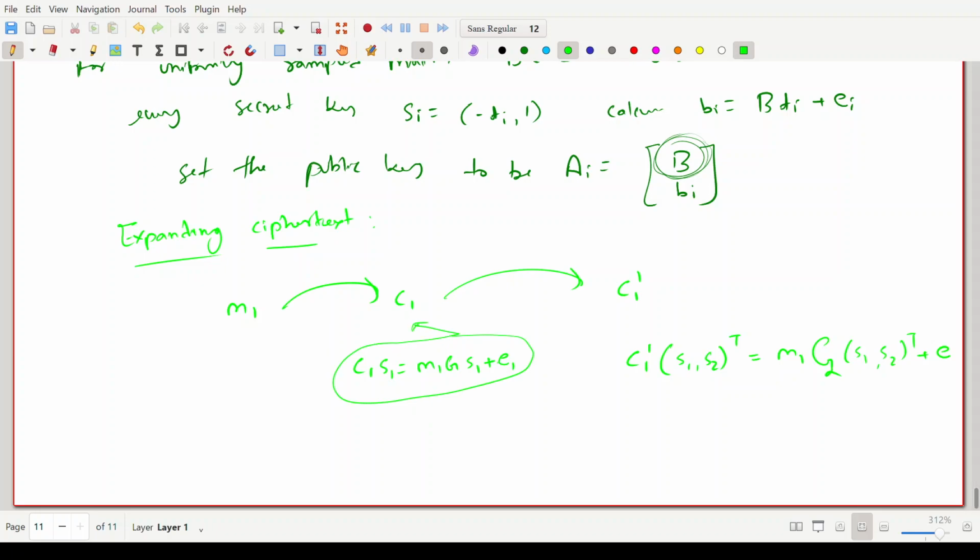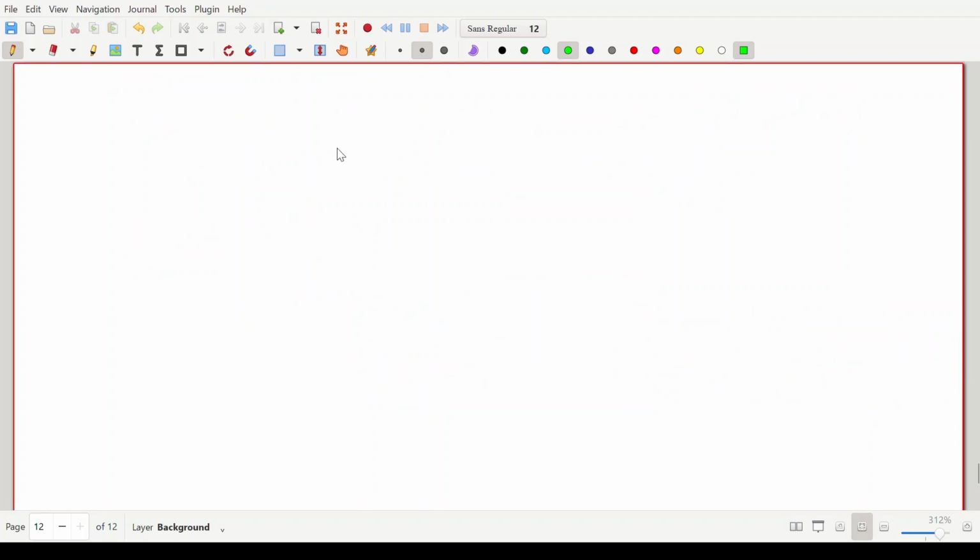Now this new ciphertext should satisfy this. That means it should depend on both of the secret keys. To observe this carefully, let us see the message.